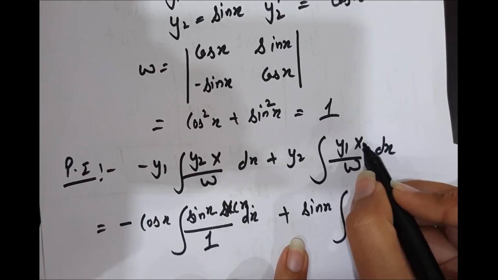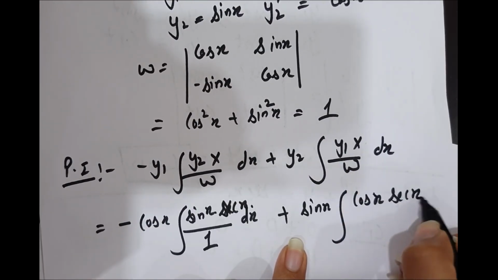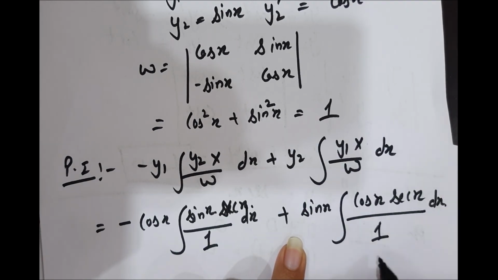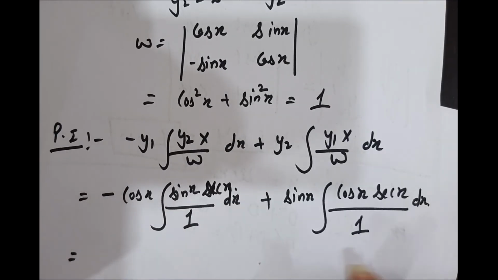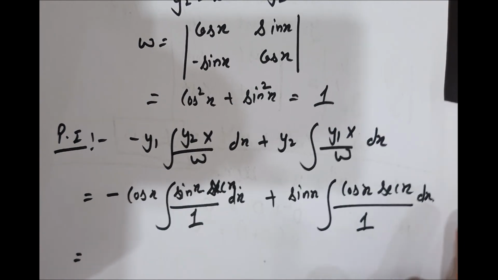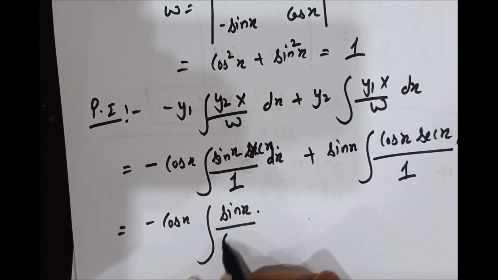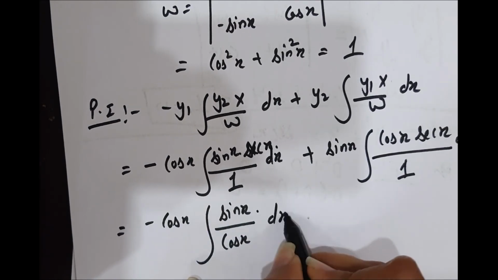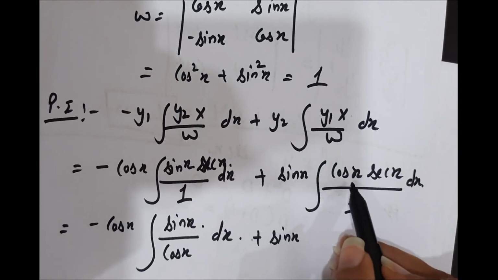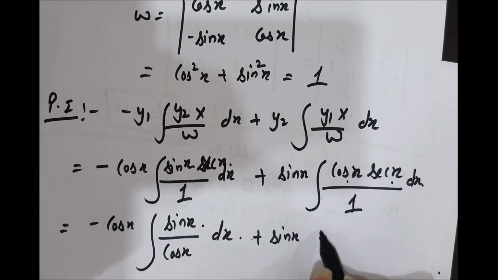This X is secant x and W is 1. Now just integrate it and you will get your solution of the particular integral. Now change this secant x into cos x so that it becomes tan x. Now this cos x and secant x is 1.